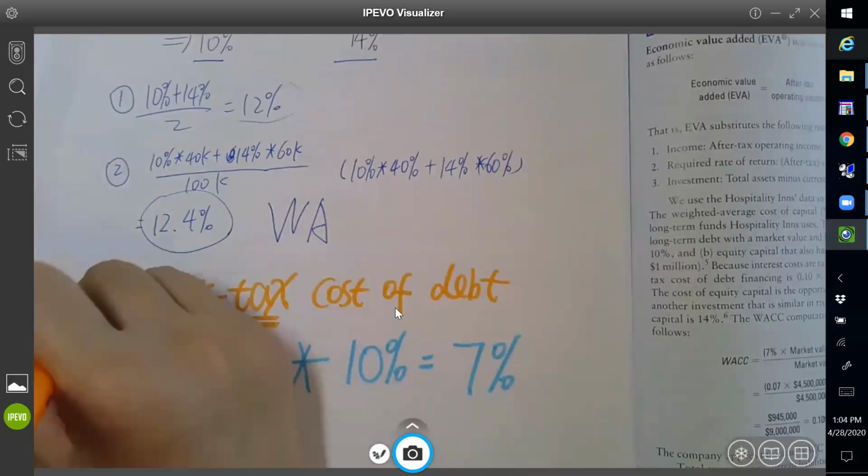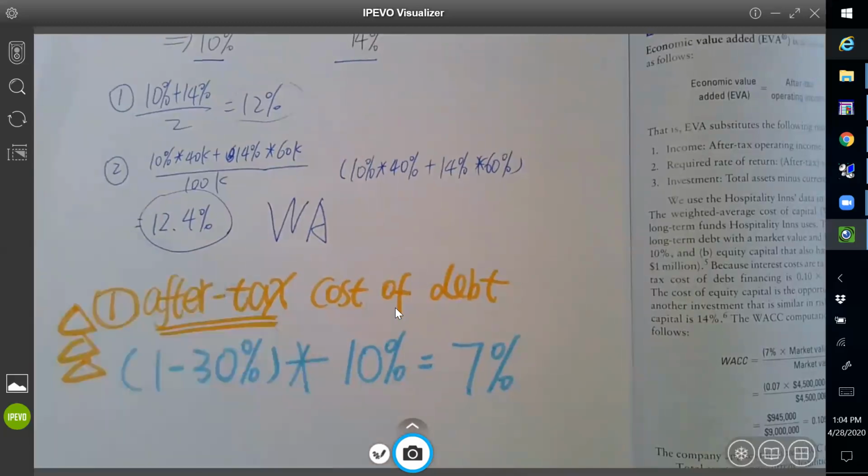This is the very important part. We have to exclude the tax from the cost of debt. We do the after-tax cost of debt because your interest expense is a tax saving item.